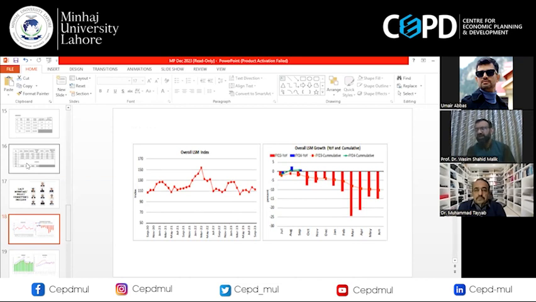So what we can say from this data is that our economy is recovering from that crisis point and from that lower output. Now we are in positive territory, and there is some economic recovery taking place. That's why the LSM growth rate is positive for the last 2 months for which data is available.